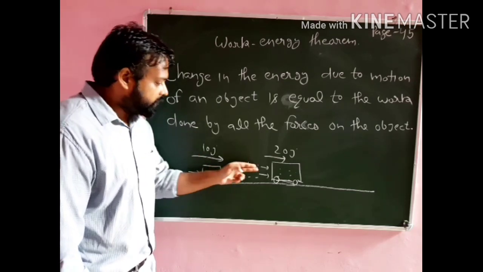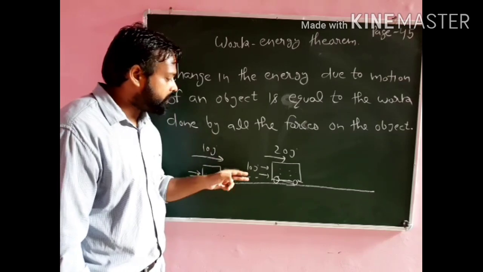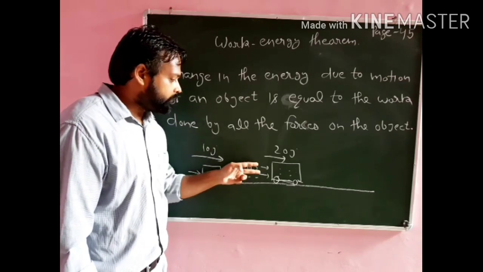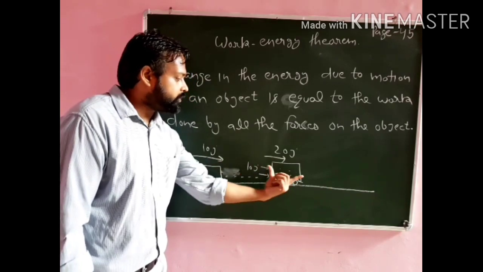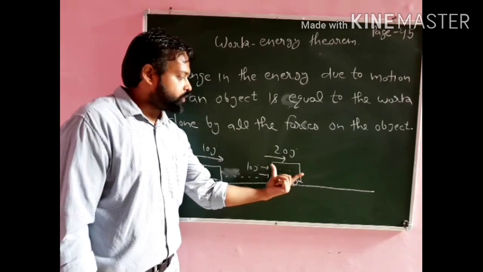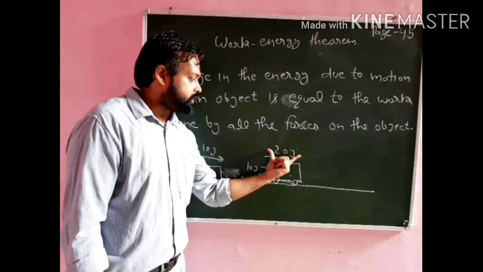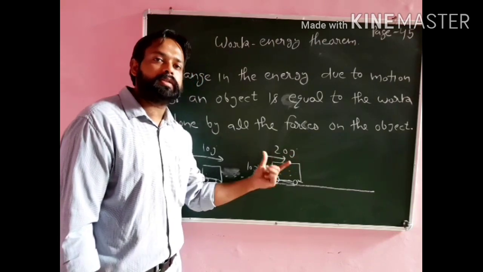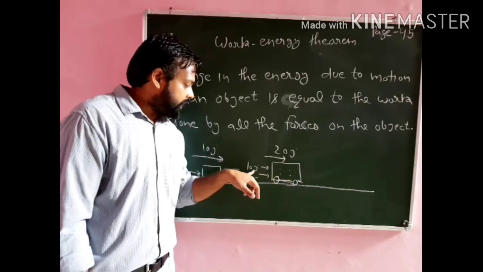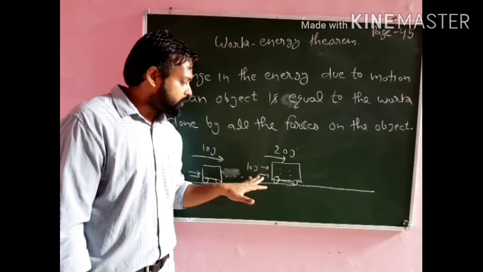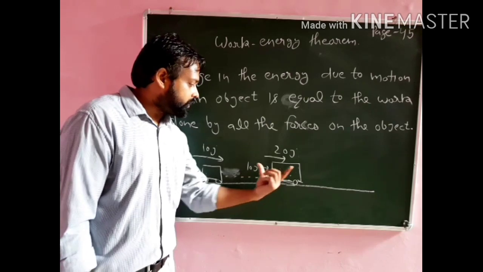Here my friend also joined me and we both start pushing the car, and he also spent 10 joule of energy on the car, and the total amount of energy that the car now has is equal to 20 joule. It means 20 joule of energy has increased. Why? Because extra force, extra effort is now being applied by my friend on the car.